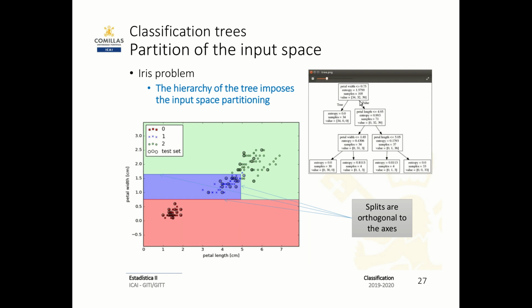Then for those that have a petal width larger than 0.75, we ask whether the petal length is smaller than 4.95. So we see that in this split we have decreased the entropy. The entropy of this new group, composed of 0, 32, 39, is smaller than the entropy of this group that had another extra class, the one with 34.